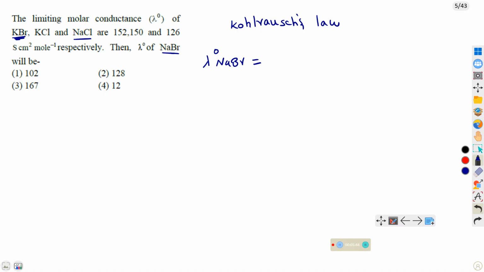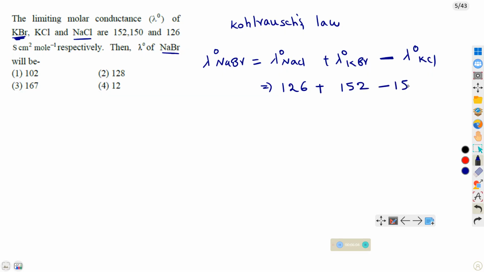So add these two, lambda naught NaCl plus lambda naught KBr minus lambda naught KCl. 126 plus 152 minus 150. You will get 128 Siemens centimeter square mole inverse. Second option correct.